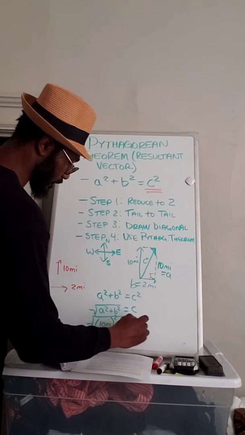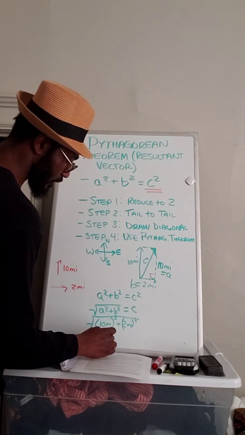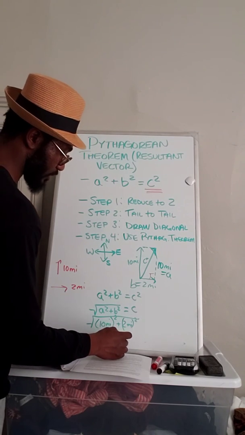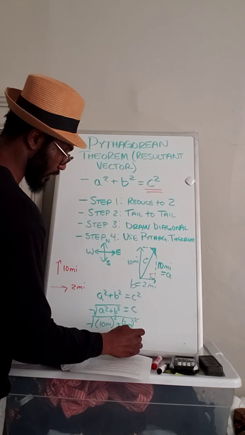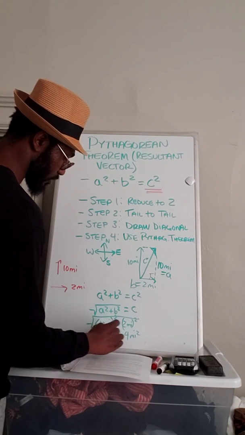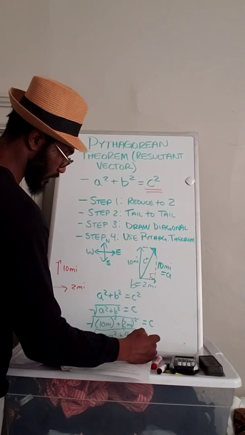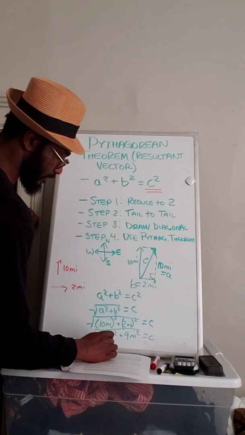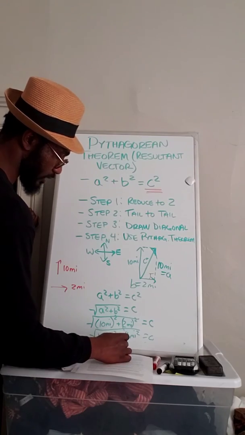Okay. That's going to give me 100 miles squared, right? I square my number and my units, plus 4 miles squared. Square root, that's going to equal C. So this means the square root of 104 miles squared equals C.